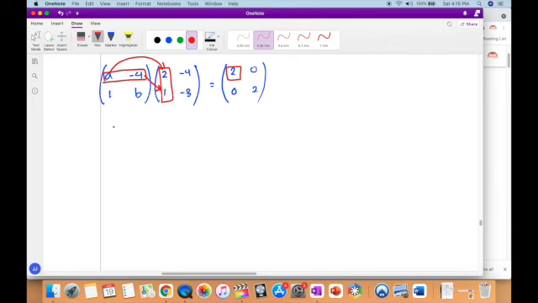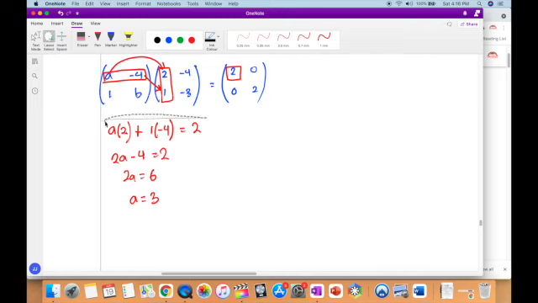So therefore, A times 2 plus 1 times negative 4, and I'm supposed to get 2. So 2A minus 4 is equal to 2. 2A is equal to 2 plus 4. If I throw the 4 over, it becomes 4 plus 2, which is 6. A is equal to 3, 6 divided by 2. You notice I skipped a couple of steps there, so I hope you guys are mature enough to know the steps that I skipped, right?